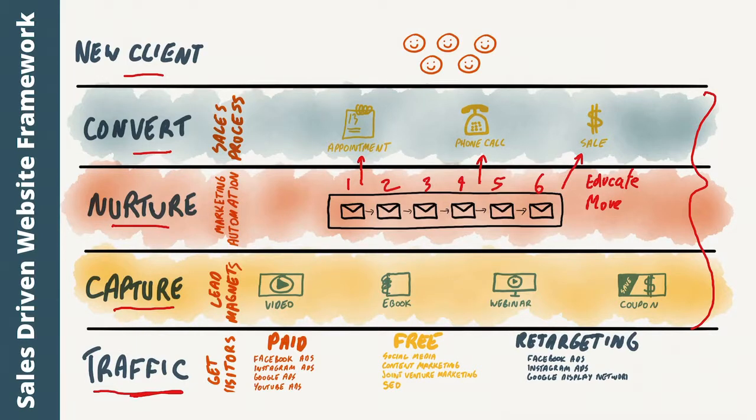Now, depending on the type of business you are, if you're an e-commerce site selling a product, your convert section is that these emails educate them about the product, and then you ask them to buy the product, okay? If you're a gym or a plumber and you want someone to call you, these emails educate them about how you can help them, and then you ask them to call.